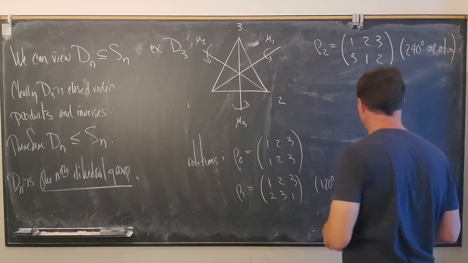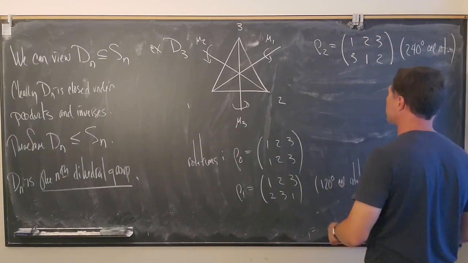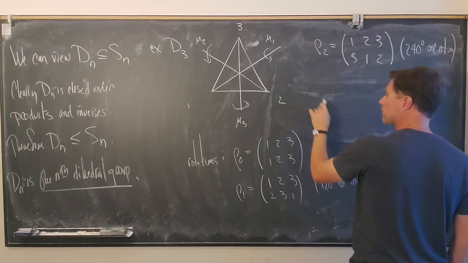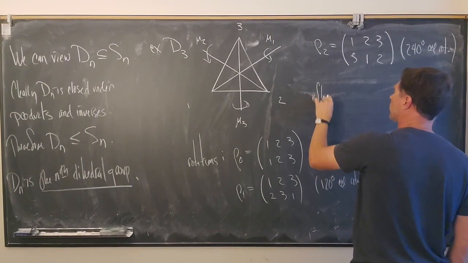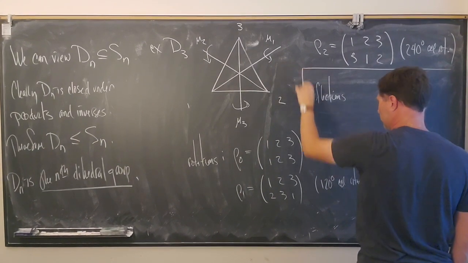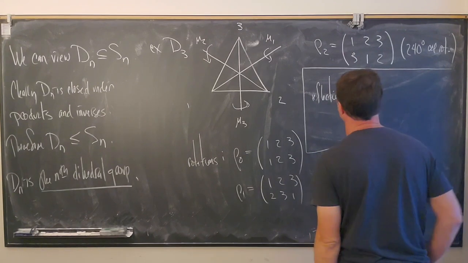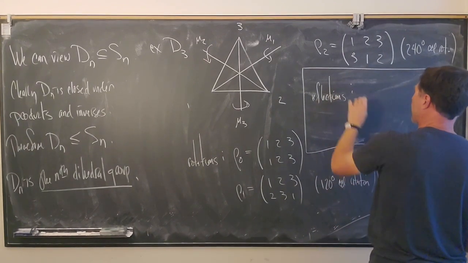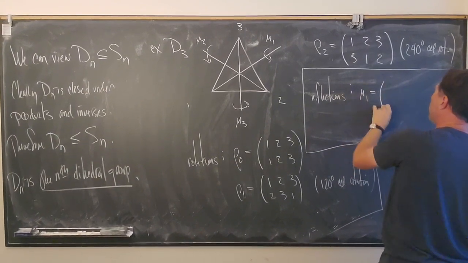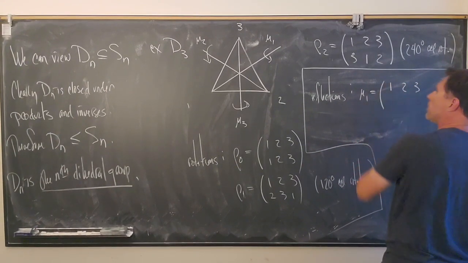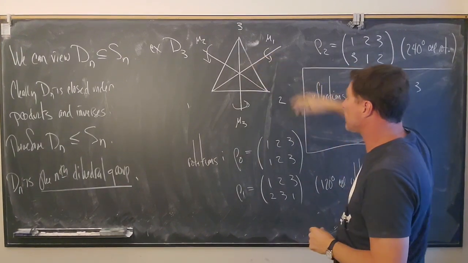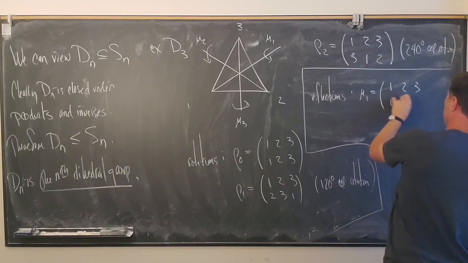Sorry, I hate being so crowded here, but there are now 3 flips. These are the reflections. Mu1 will be the reflection about this line: it leaves 1 fixed and interchanges 2 and 3.